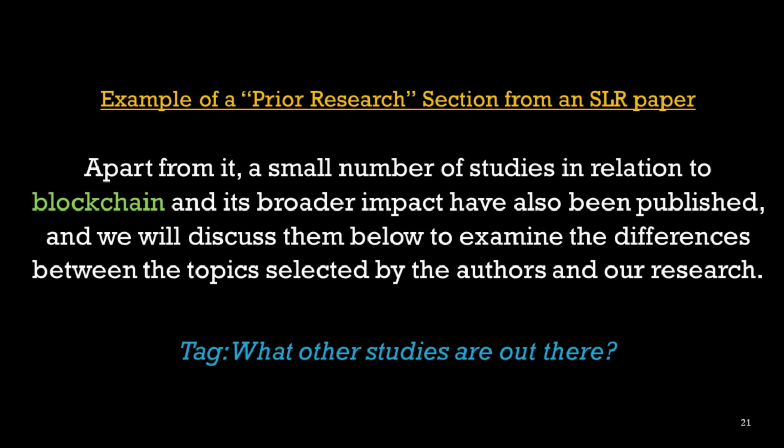And how is it different from what we are proposing? Because later, after this section is complete, they go to their research questions. So this is a build-up of how they are justifying or convincing the reviewer that their work is unique, their work is different.